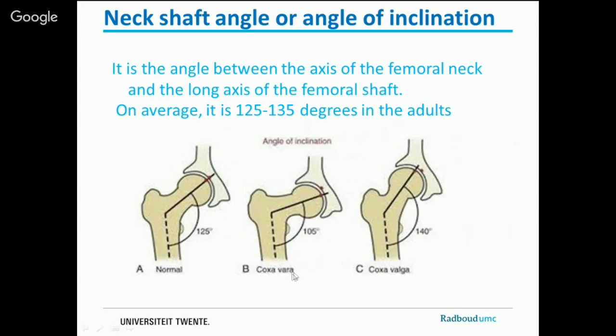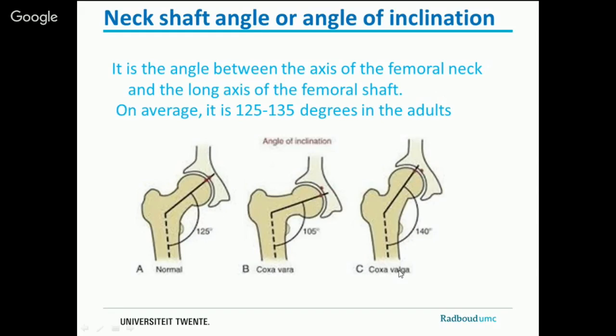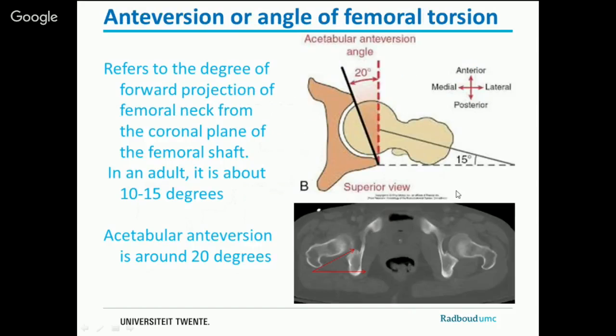And coxa vara, varus, it means O, so basically it's more round, so you can remember that. Valga means more straight, so this neck angle is much smaller, and therefore the inclination angle is bigger, and this has consequences on the range of motion that a person can do, okay?